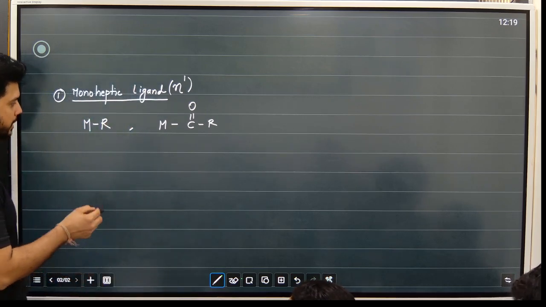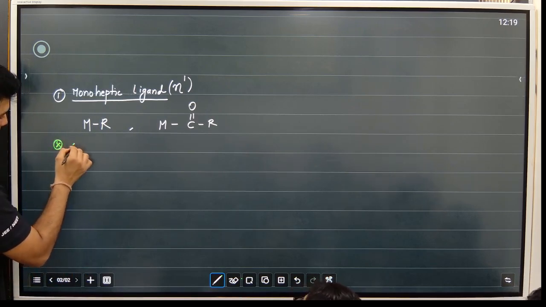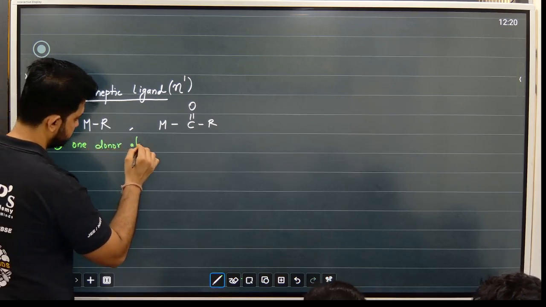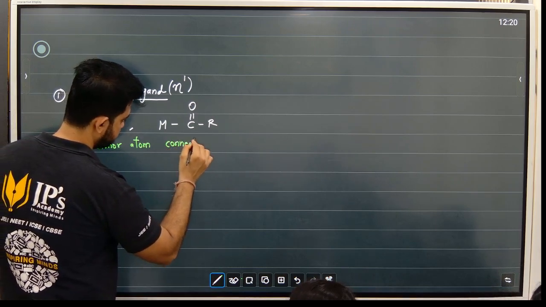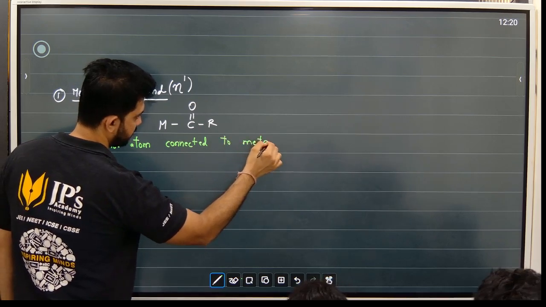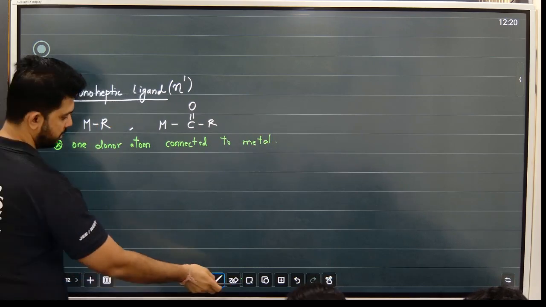So only one donor atom connected to the metal. I repeat, only one donor atom connected to the metal.